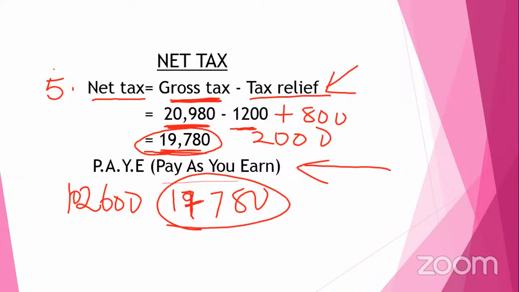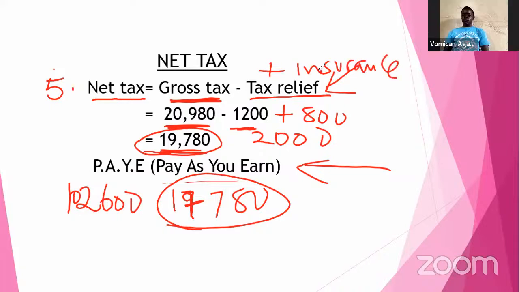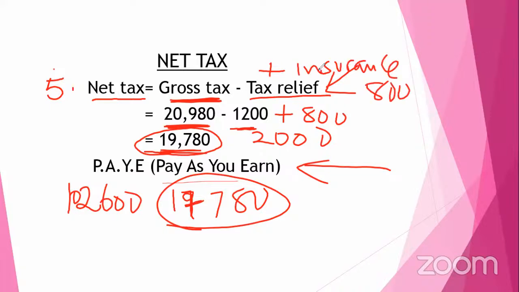Is that part now taken care of, reliefs? Yes. Somebody is asking, where does insurance relief come in? Very good. It is here. I'm saying, plus, if there was another one like insurance relief of 800 shillings, we would have used it here.